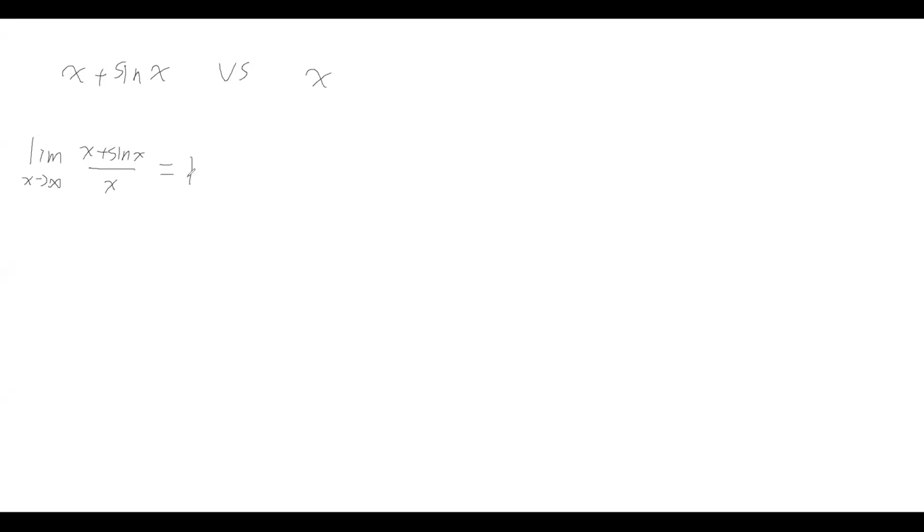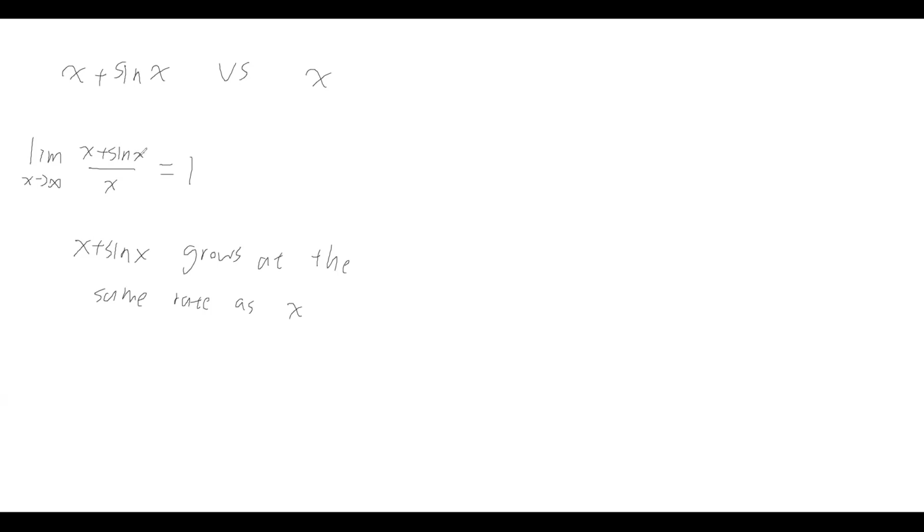When we have a constant, it means it's growing at the same rate. So in this case, we can say that x plus sine of x grows at the same rate as x.